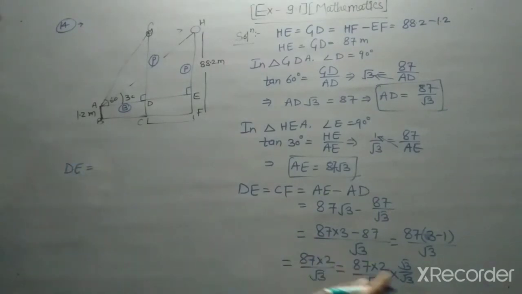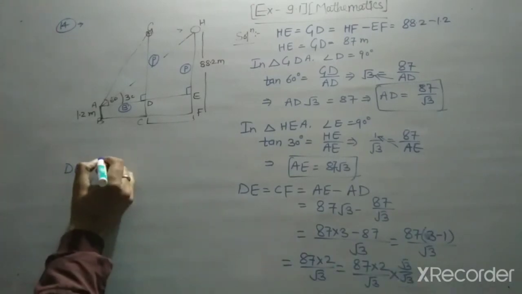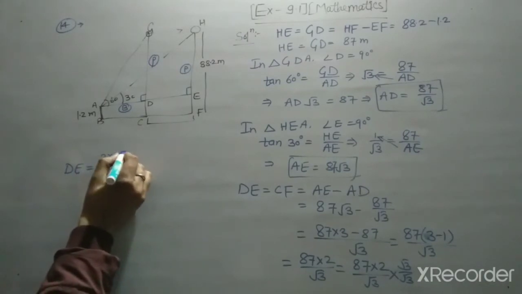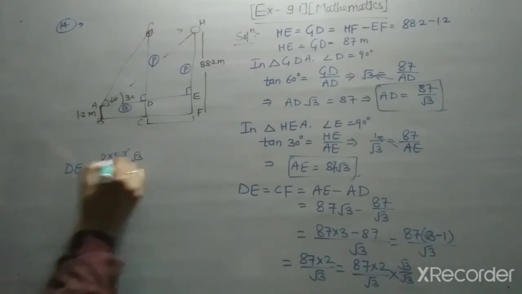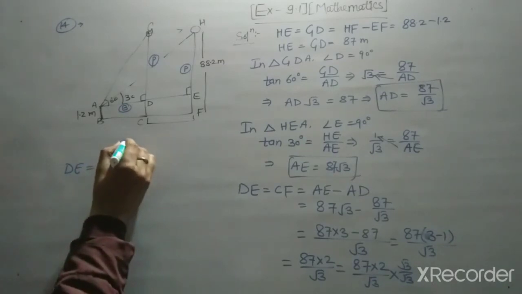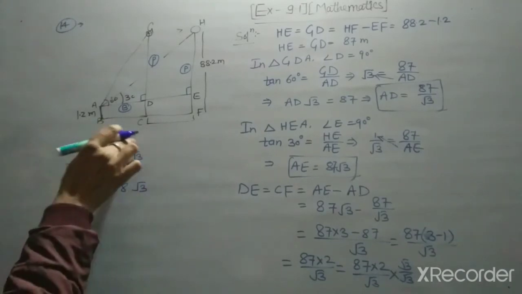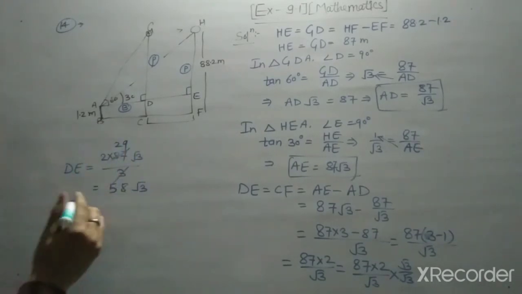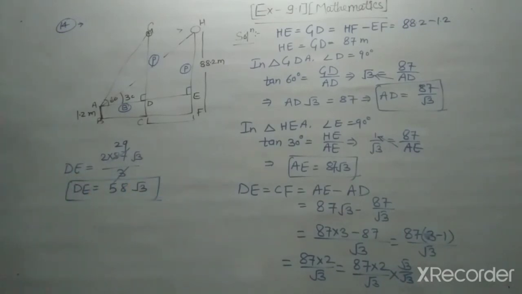So DE is equal to, I will write here, see this: 2 into 87 into root 3 upon root 3 into root 3. Cut down this value with the 3, so 3 2s are 6, 2 remains, 3 9s are 27, and 9 2s are 18, so 29 into 2, that is 58 under root 3. So DE is equal to 58 under root 3. This is the answer. That's the distance traveled by the balloon.